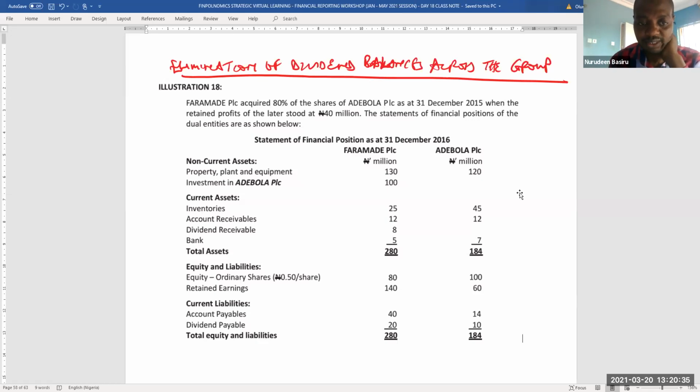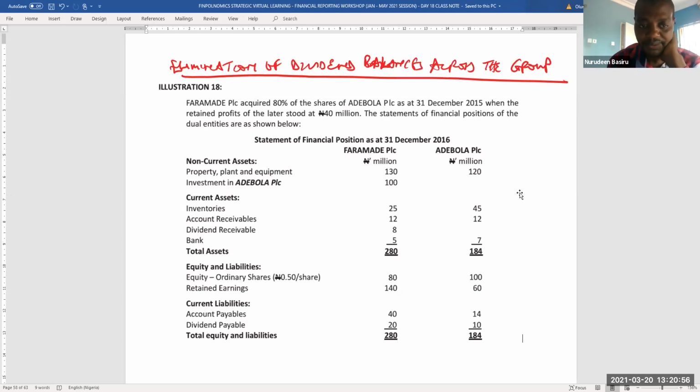Equity and liabilities. Equity ordinary shares of 50 kobo per share, 80 million for Paramade PLC and 100 million for Adebayo PLC. Retained earnings, 140 million for Paramade PLC and 60 million for Adebayo PLC.